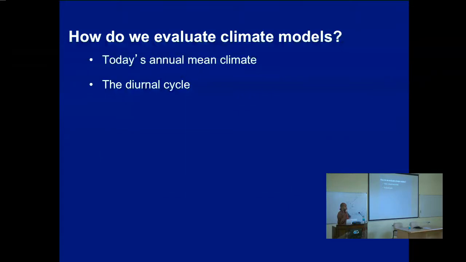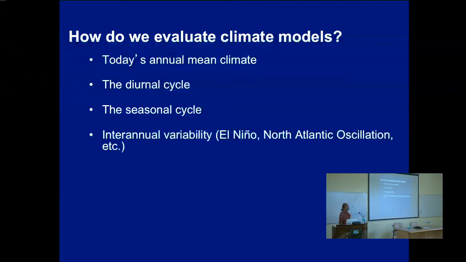Is my rainfall occurring at the correct time of day? Is my land sea breeze occurring at the correct time of day in the correct location? All of these are important. Seasonal cycle. Okay? Am I getting cold winters and warm summers, or am I getting the opposite? So, all important to check. Interannual variability. Right? Things like El Nino, North Atlantic oscillation, all of these are naturally occurring modes of internal variability.